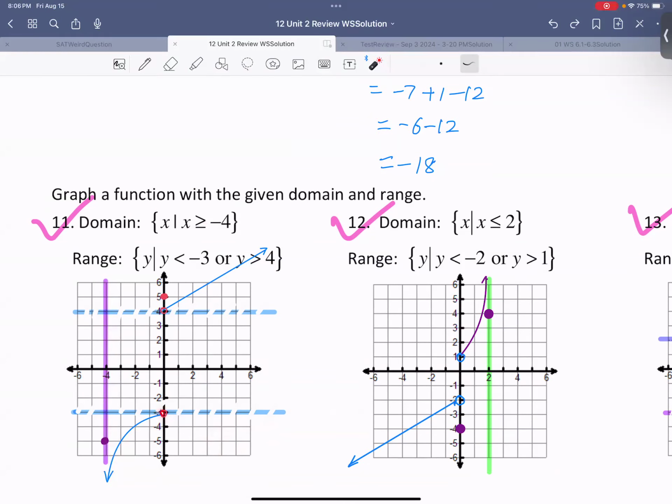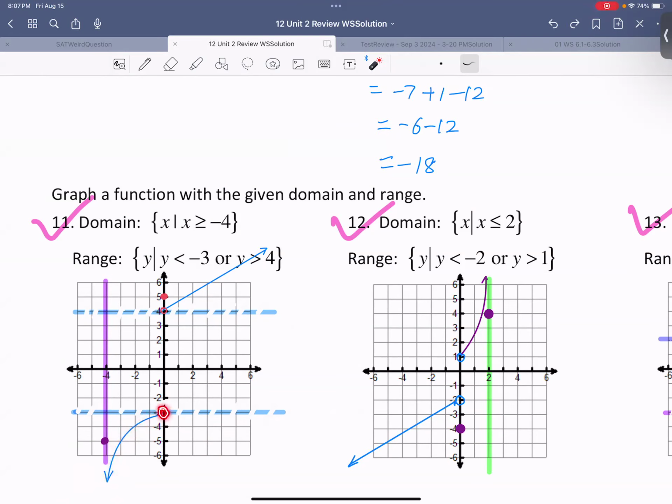And you cannot draw a straight line. If you draw a straight line, it means you can cross all the way to -infinity. So you have to draw a curve, which means it's following this vertical asymptote. You will draw a line following this vertical asymptote.